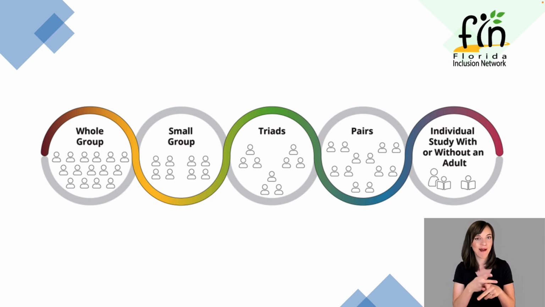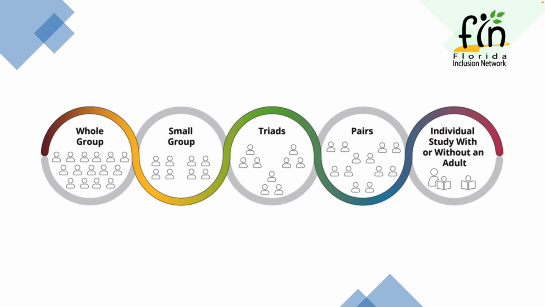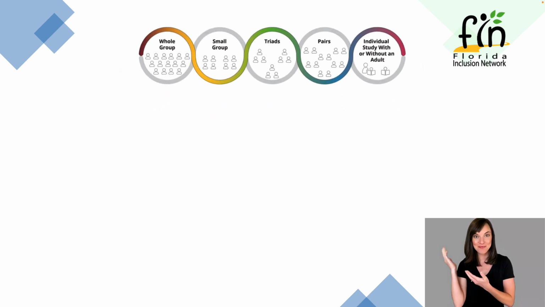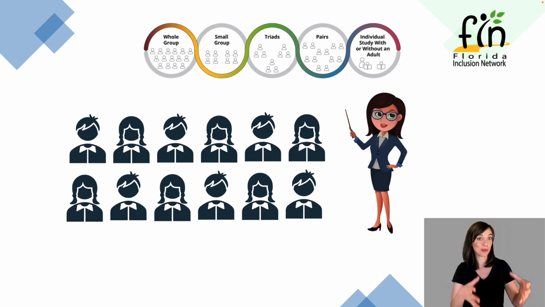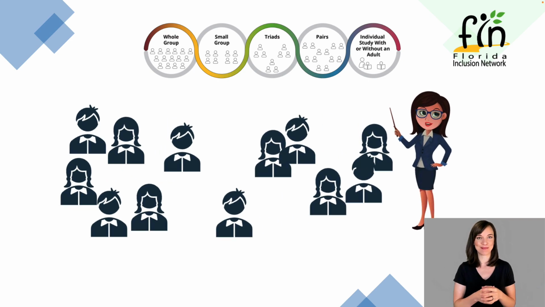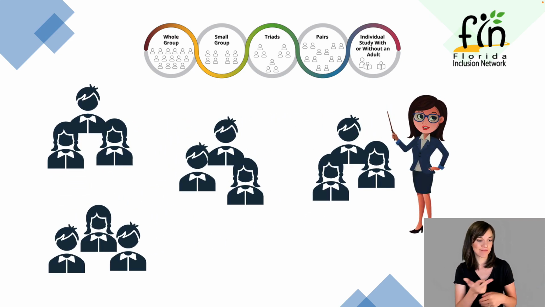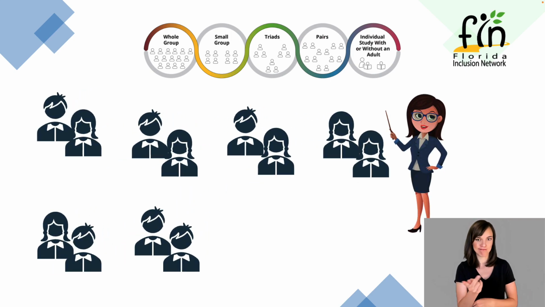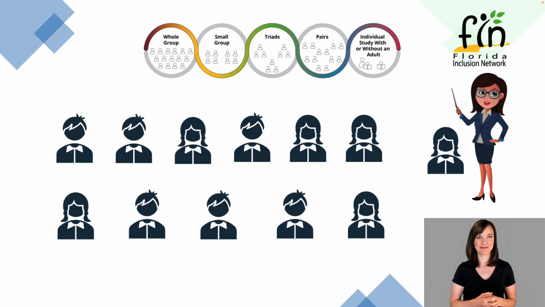There are many different grouping arrangements that can be incorporated as students work towards a learning target. Some examples include whole group, small group, triads, pairs, and individual study with or without an adult.